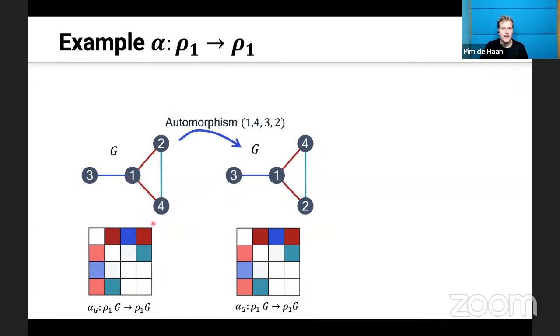So we leave a couple of the entries 0 in the matrix. So this is a map from a 4-dimensional to a 4-dimensional vector space. So it's a 4x4 matrix. And we assign it some colors.